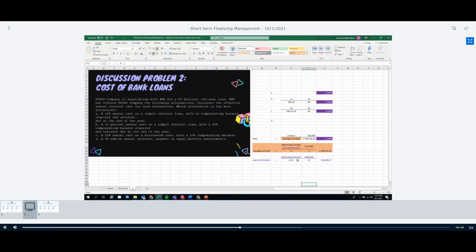So that's 5 million divided by 12 or 416,666.67. So meron na tayong last amortization. Of course, beginning principal is 5 million. So 5 million, para mas malinaw.